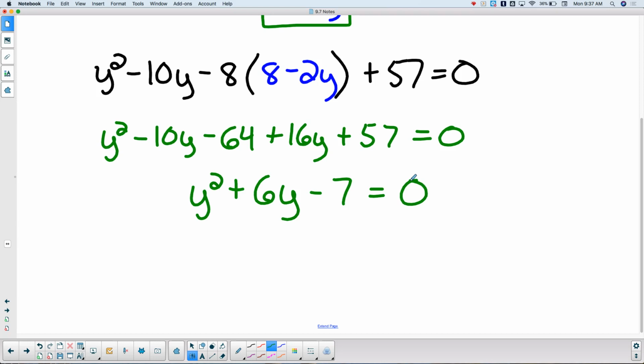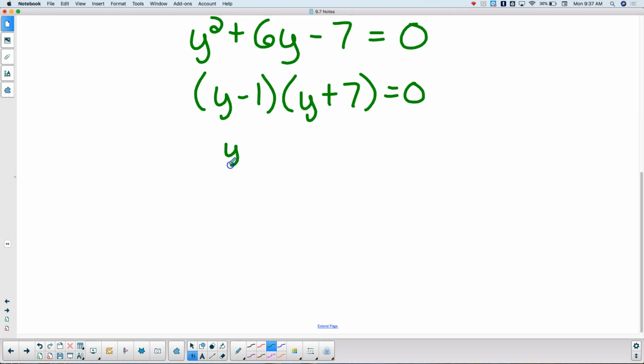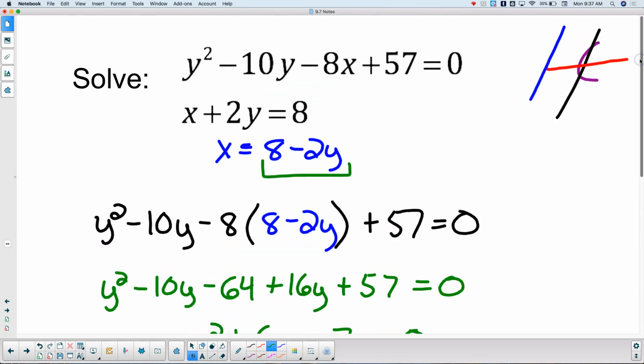What does it factor to be? Yes? Okay. I'm going to scroll back up and I'm going to pull down the originals.